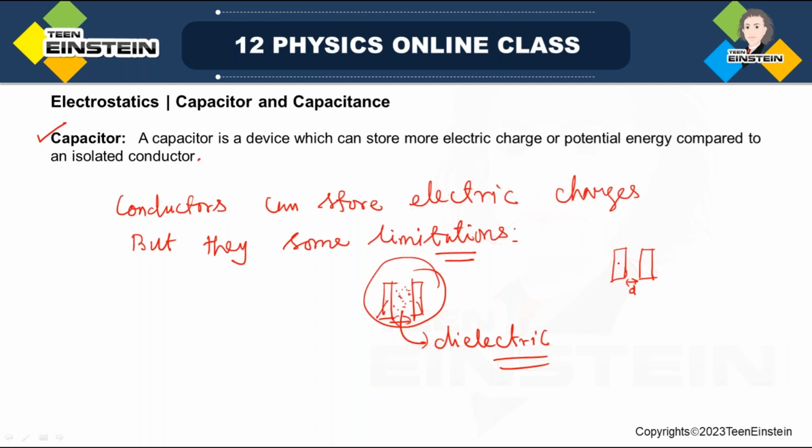They are identical plates, so the area of cross section will be A, and the medium in between is some dielectric medium. This combination is called a capacitor. This is the device which can store more electric charge than an isolated conductor. So this is the definition of a capacitor.